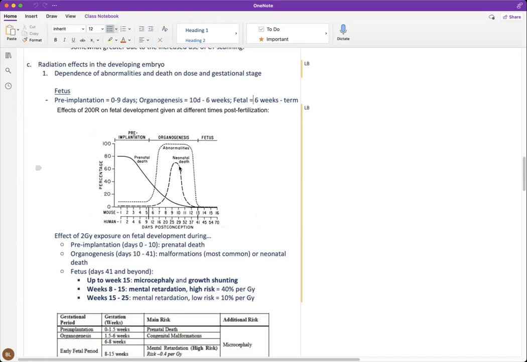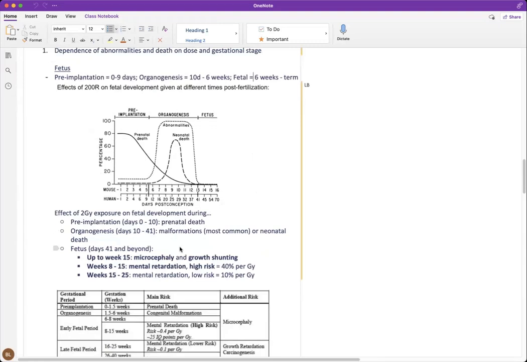This may be what is most likely to happen if a person gets radiation exposure while she's pregnant, say 15 days into her pregnancy.